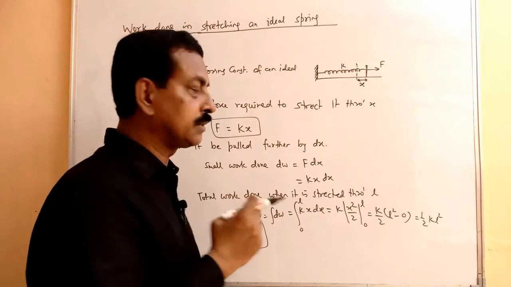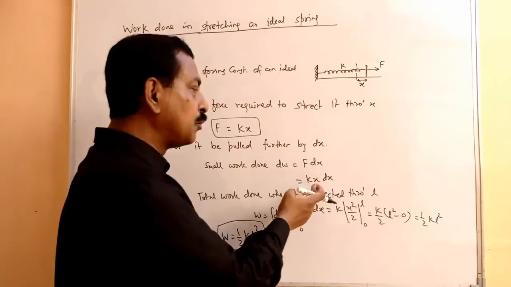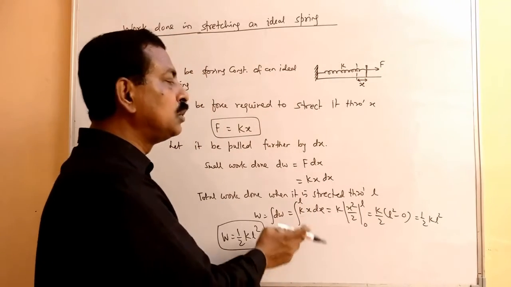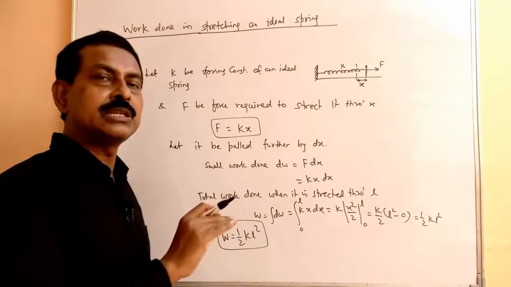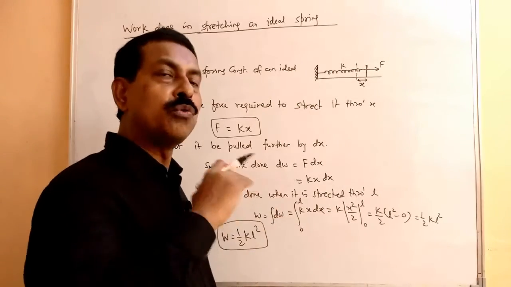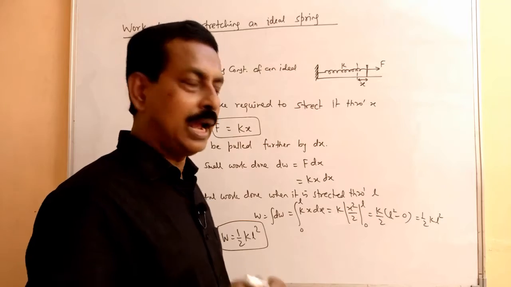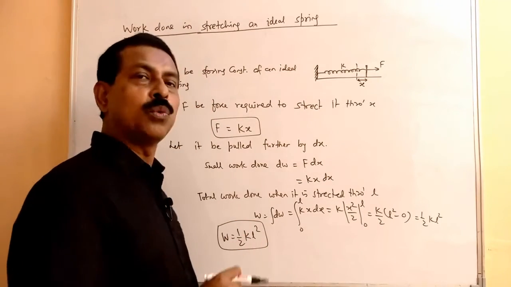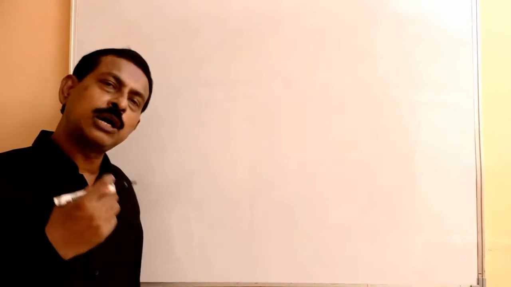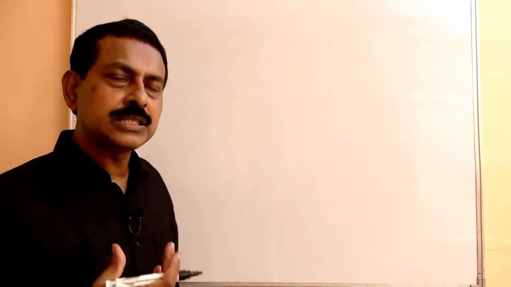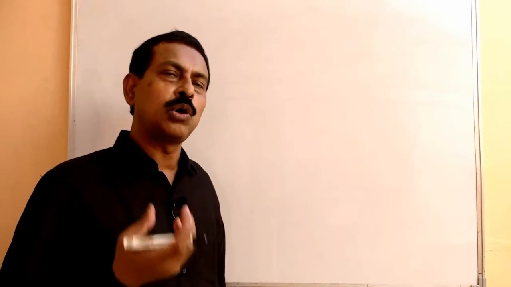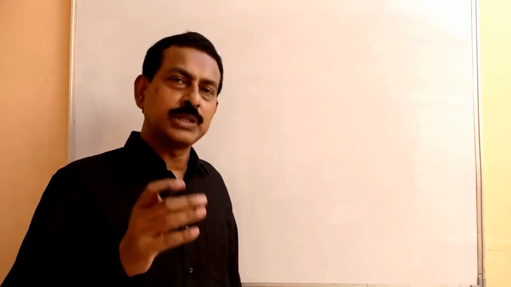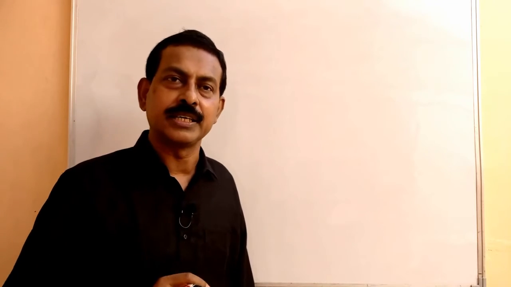What is the force there? That is Kx. Then we have integrated this to find the actual variation in the force over the entire length, and then we can calculate the total work done. Let's now do some numericals or some questions on work, so that the concept will be more clear.